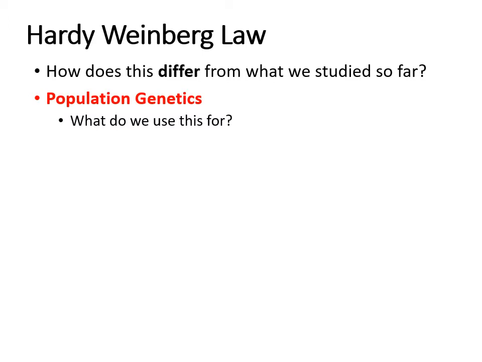And what we use this for is basically we end up using Hardy-Weinberg laws to explore relationships between allele frequencies and genotype frequencies in an ideal population. And when we say ideal, that's where the idea of equilibrium comes into play.